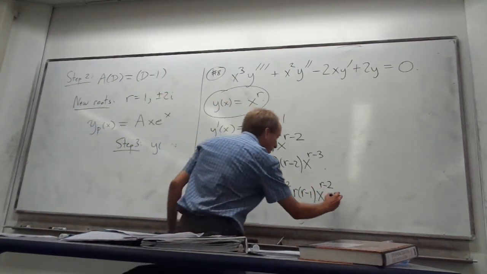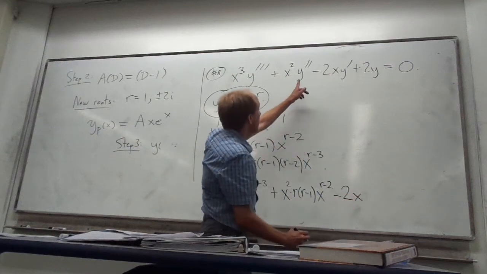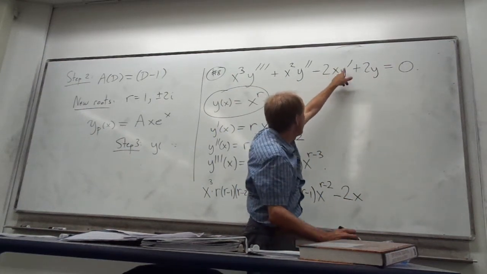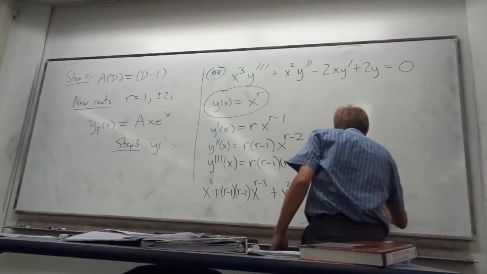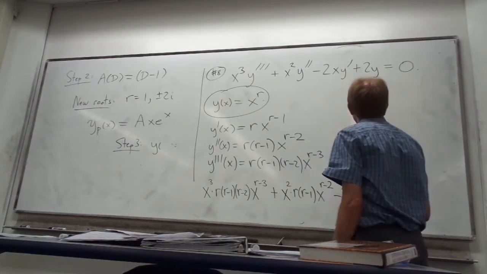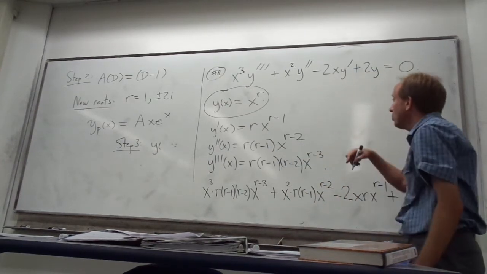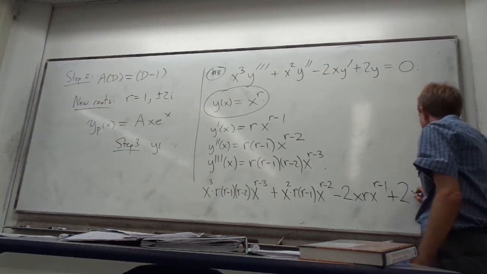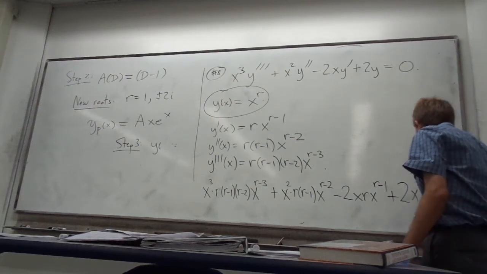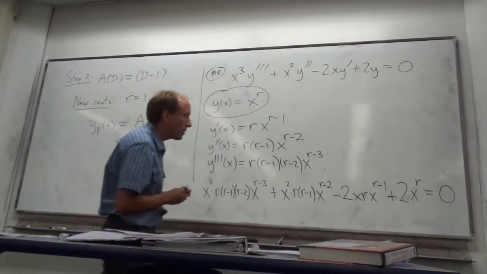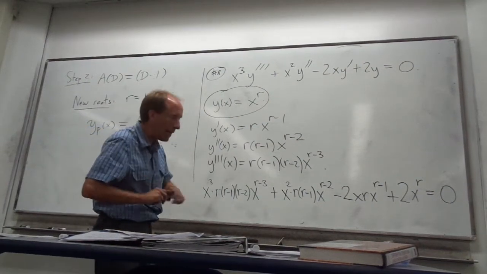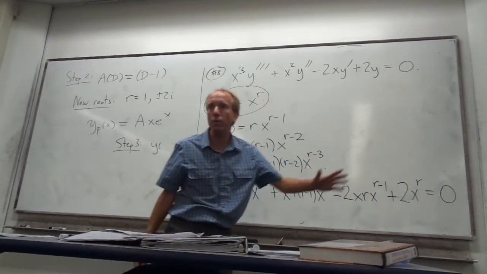And then minus 2x, 2x y prime, which was r x to the r minus 1. And then plus 2y, which is just 2x to the r. All of that equals 0. This is a key step here, just plugging all of the derivatives into the formula.